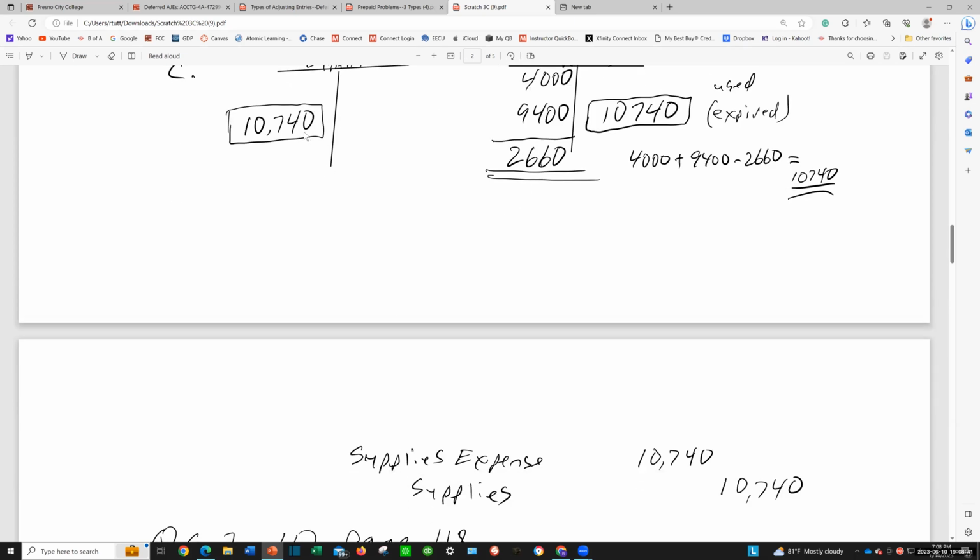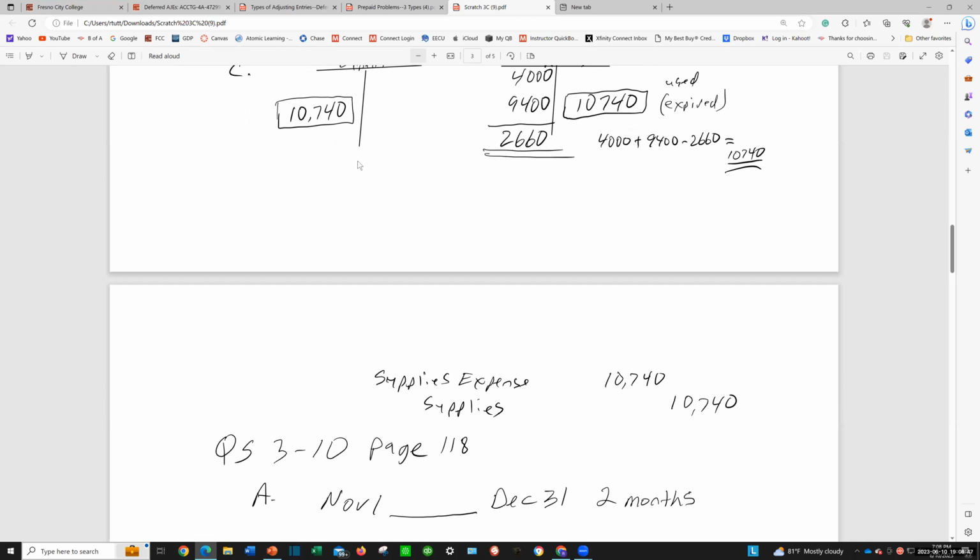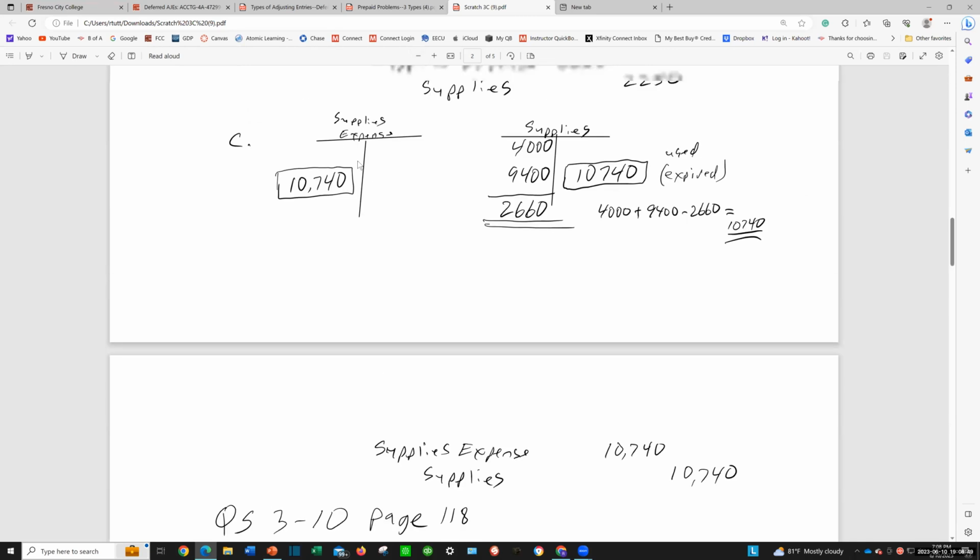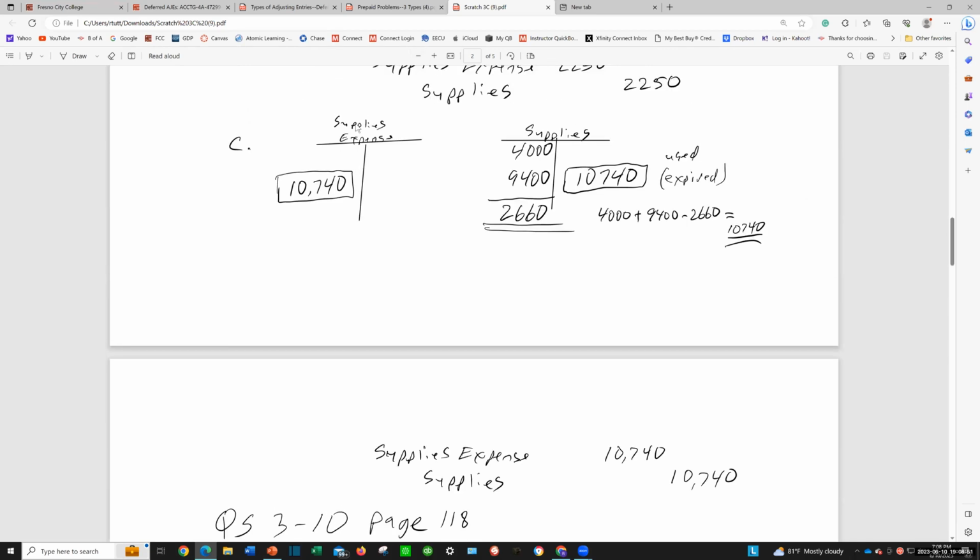Here's our supplies expense. So debit supplies expense, 10,740. Credit supplies, 10,740.